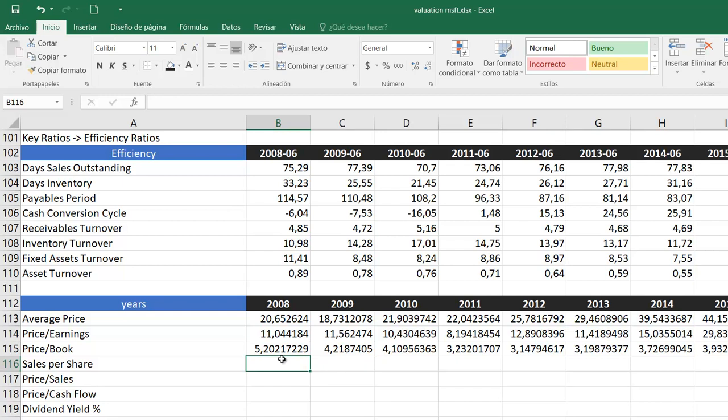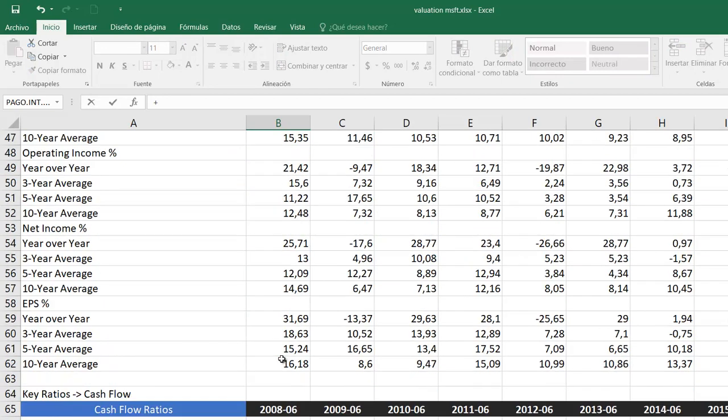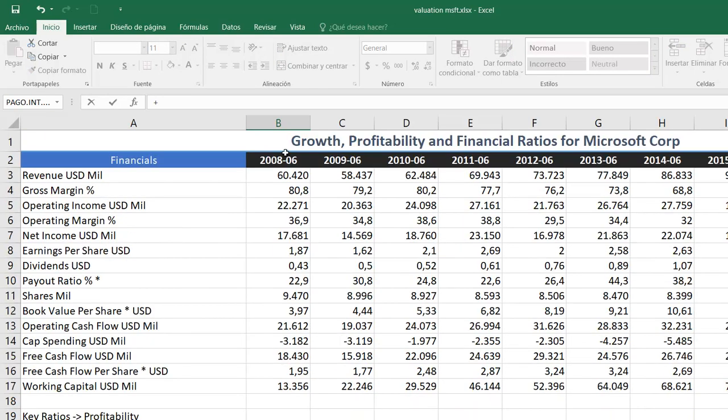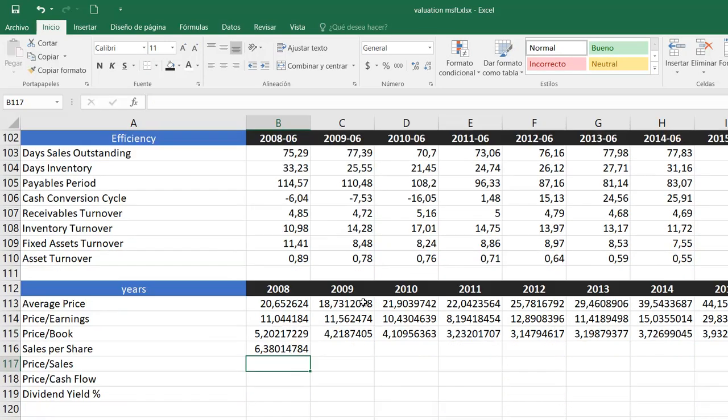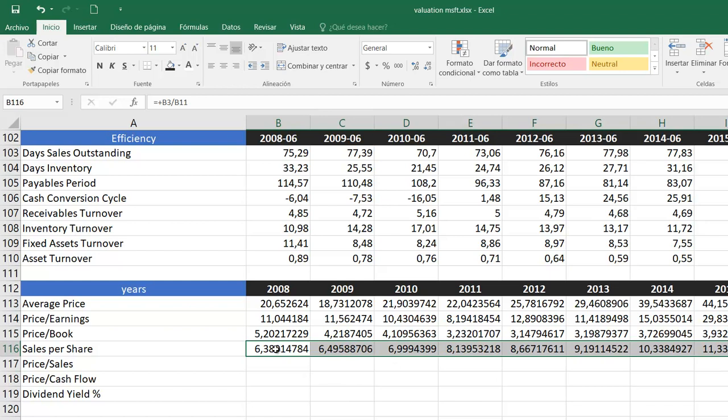Then there is the sales per share, which is a division of all the revenue the company is making each year divided by the number of outstanding shares. In order to estimate that, we can go to the beginning. We have revenue in millions, 60 billion of revenue for the year 2008, divided by the number of shares, which is also approximately 9 billion shares. Then it's six times, so the company is selling $6 per share, and that number is increasing over time.